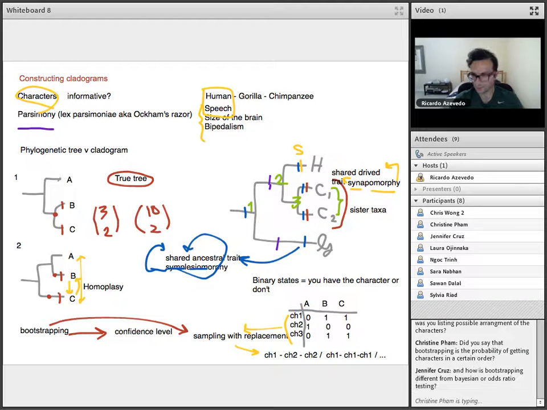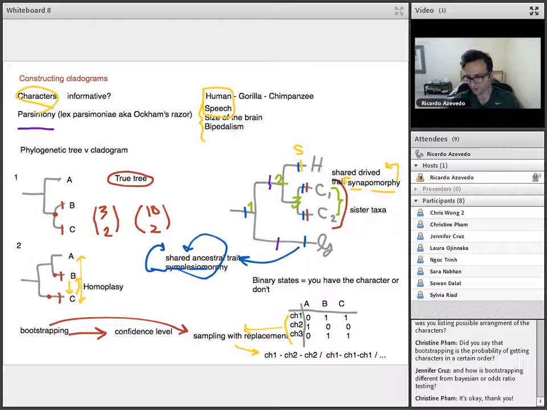Oh, so yes, at the bottom, I'm sampling 3 characters out of the 3 characters that I have, and since it's sampling with replacement, that Jennifer asked about the bootstrapping. Since it's sampling with replacement, by chance I can pick character number 2 twice, or just pick the first character, etc. So you get a number of possible combinations of these characters, and then you construct a tree based on that.